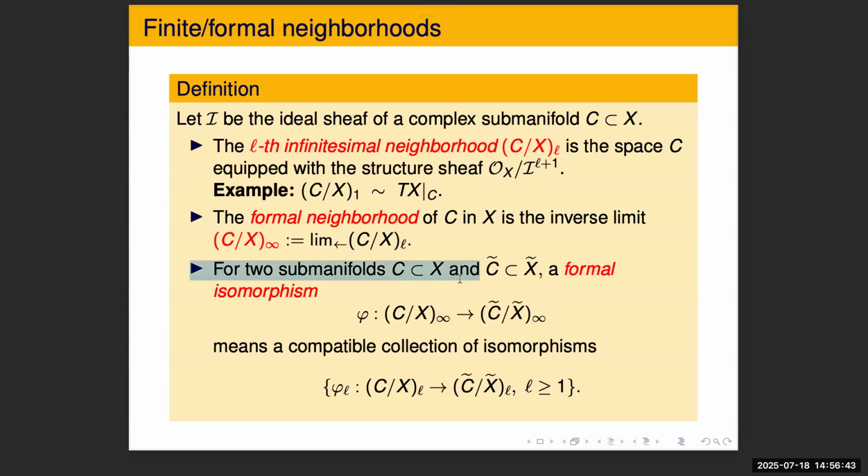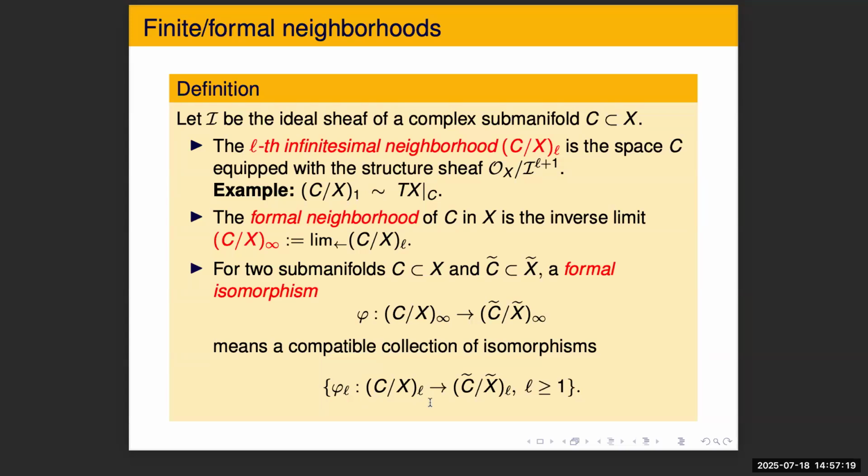And then when you are given two submanifolds, C in X and C tilde in X tilde, we say that there's a formal isomorphism between the formal neighborhoods if there is an isomorphism of each L-th order neighborhood for all integers L, such that these isomorphisms are compatible with each other.